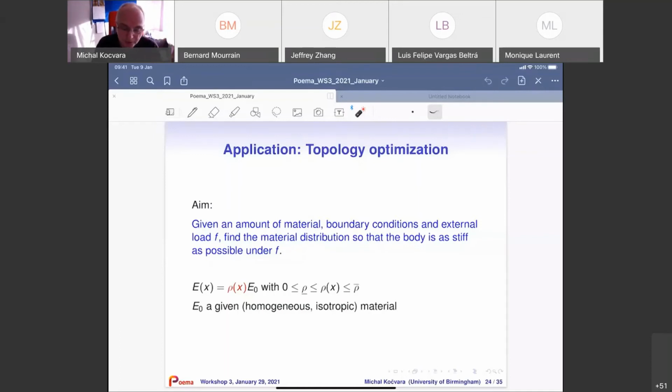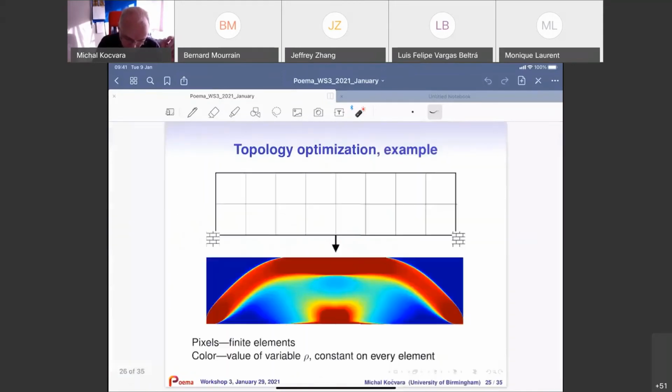It's an application from mechanical engineering. And in here, we try to design a mechanical structure. Imagine we want to design a bridge like that, which is fixed here on the banks and which is subject to, let's say, one load or many other loads. The typical result would be a figure like that, where every pixel corresponds to a single variable.